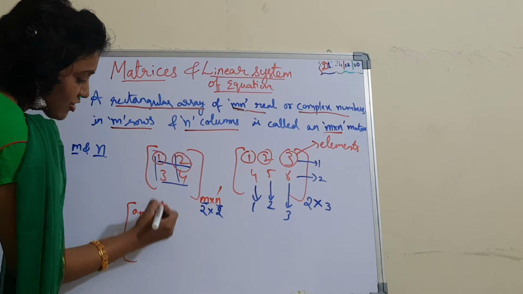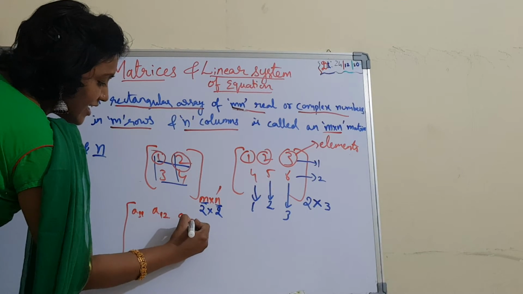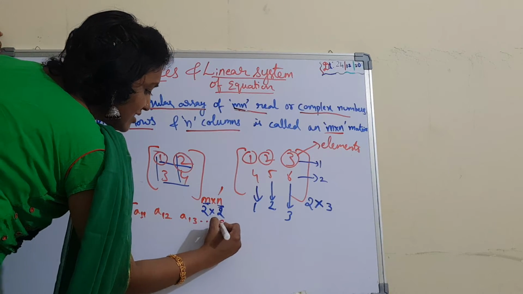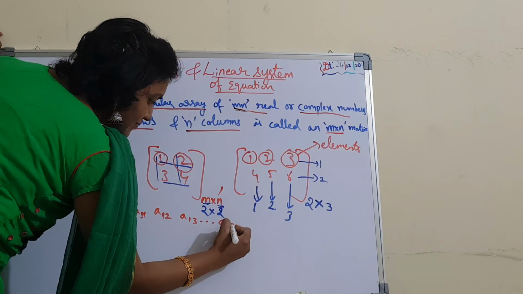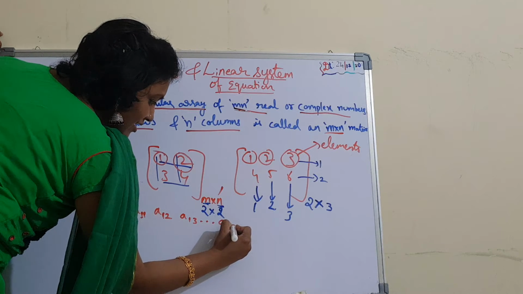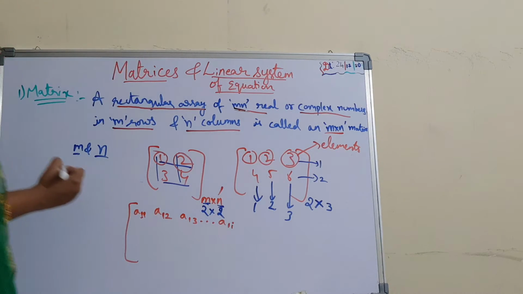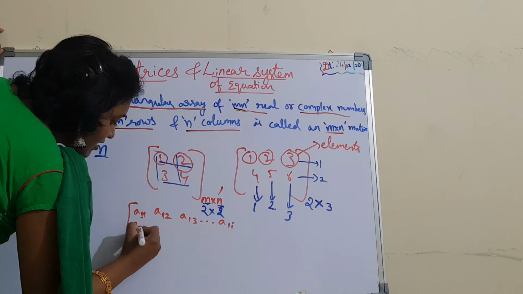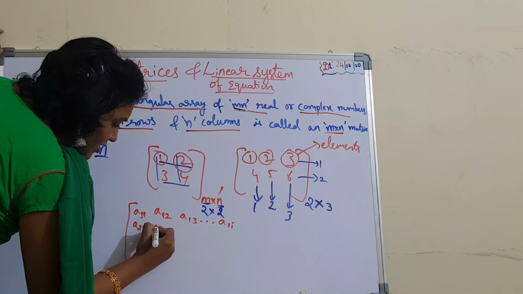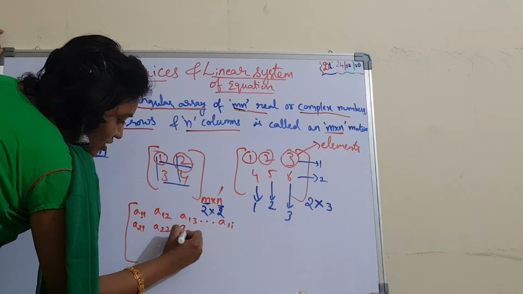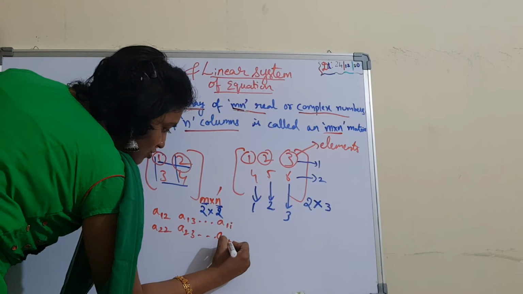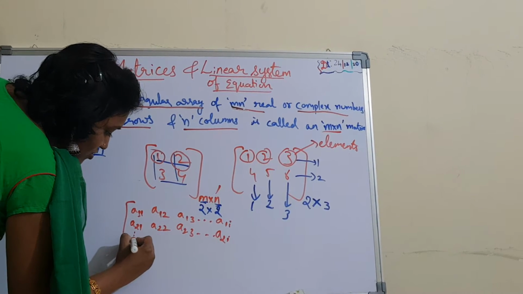First row, second column: A12. A13: first row, third column. Like that, A1i. Next, A21, A22, A23, and so on. A2i, and so on.